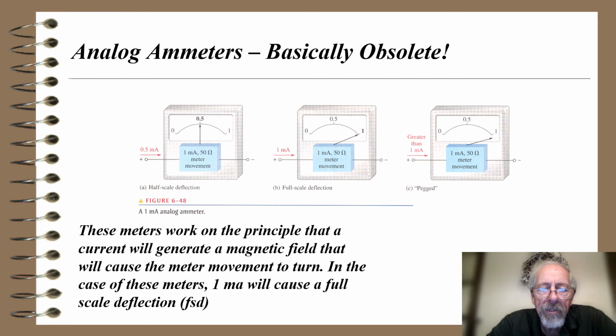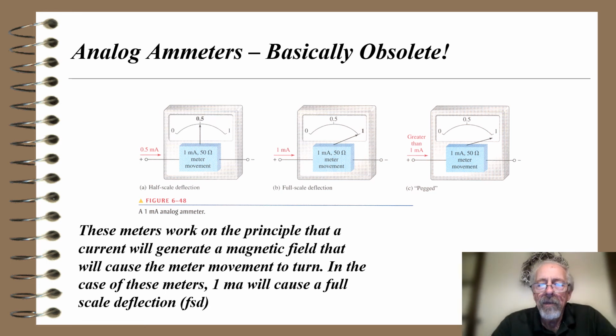And they work by the principle of generating a magnetic field that moves the needle. 1 milliamp in the middle one, part B, goes full scale deflection. It'll go up to the full scale, and greater than 1 milliamp will peg the meter and possibly destroy it, on the far right-hand example.